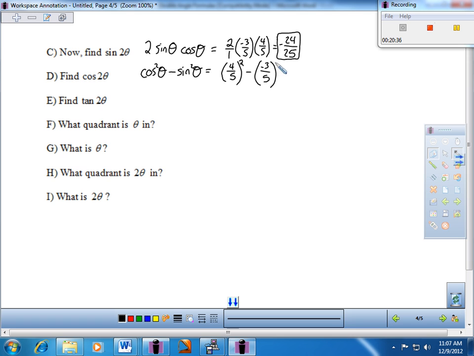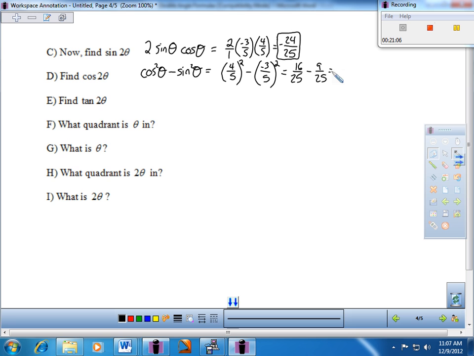Negative 3/5 is the sine ratio of theta, and we are going to square that as well. So cosine squared minus sine squared. I'm hoping everybody is okay with that piece. I'm going to just keep going horizontally here. Squaring, we've seen this as an exponential property before. Remove the parentheses, and we get 16 over 25 minus. Even when we square this, everybody, I'm hoping you see that negative 3 squared is just 9. And so we get that piece right there.